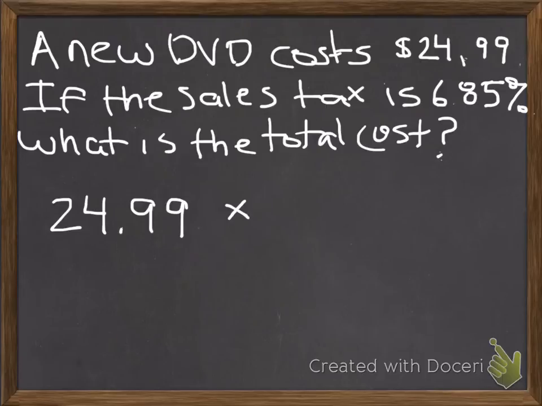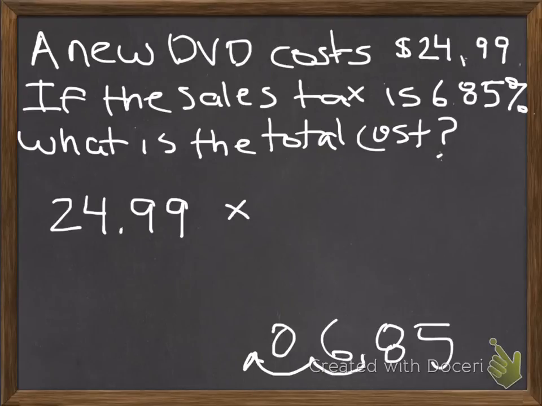So I'm going to write 6.85% as a decimal by moving the decimal point to the left 2 times. So it's going to be times 0.0685. And I get $24.99 times 0.0685.